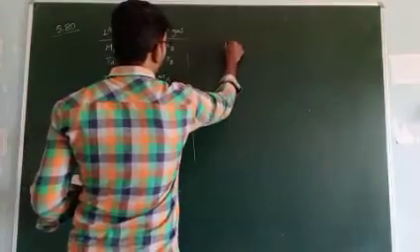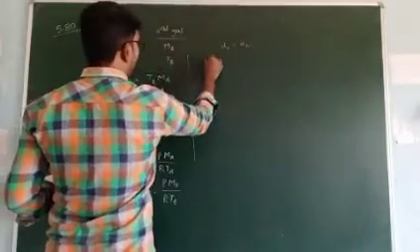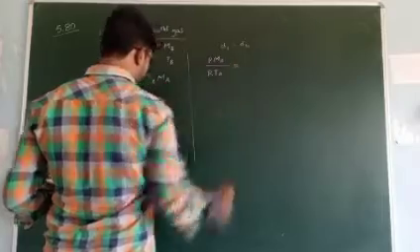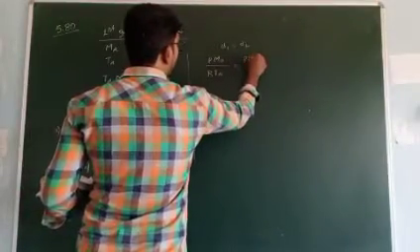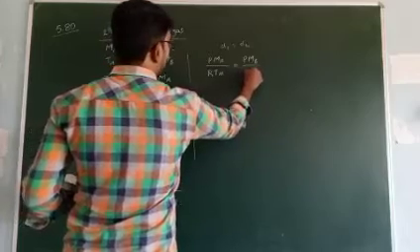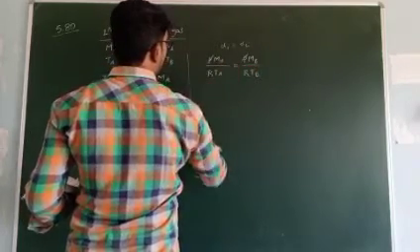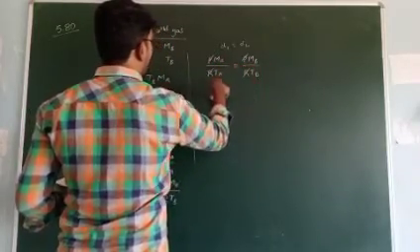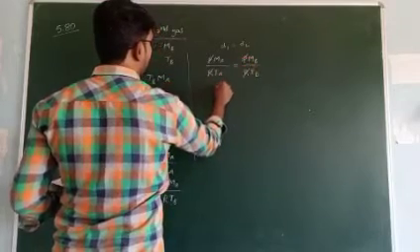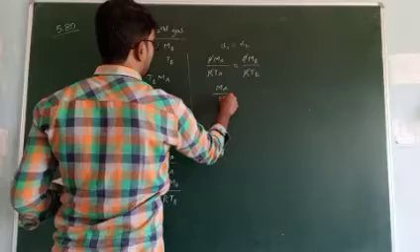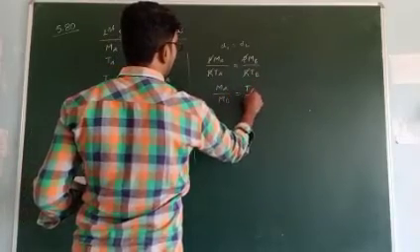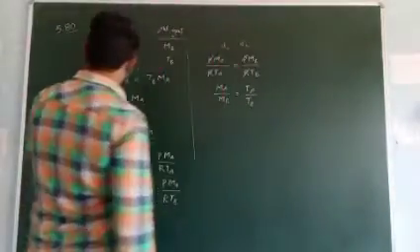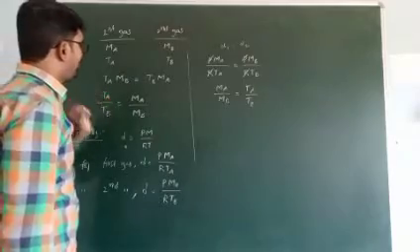Now equate these two. If the densities are equal, PMa by RTa is equal to PMb by RTb. P cancel, R cancel. Ma by Ta is equal to Mb by Tb. So Ta moves to this side, Mb moves to this side: Ma by Mb is equal to Ta by Tb.